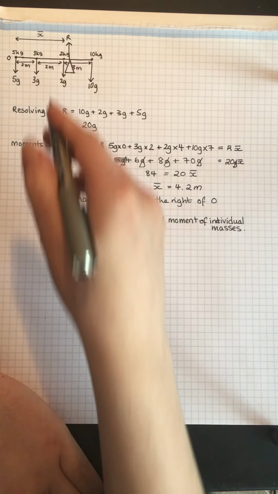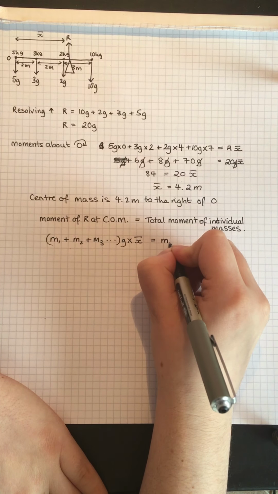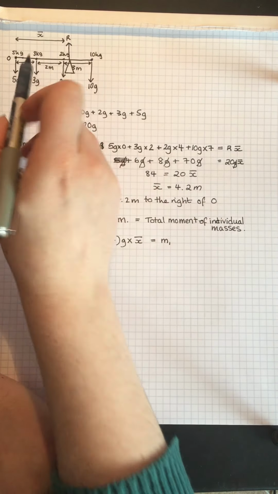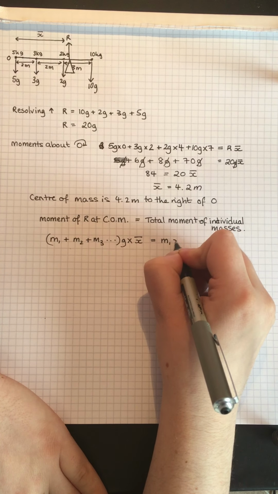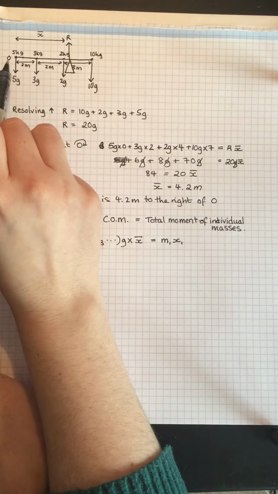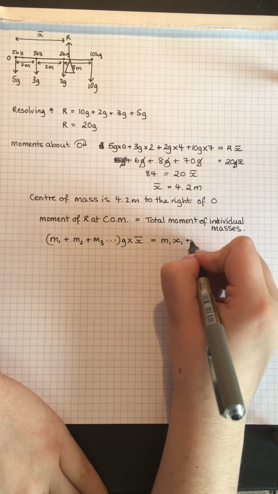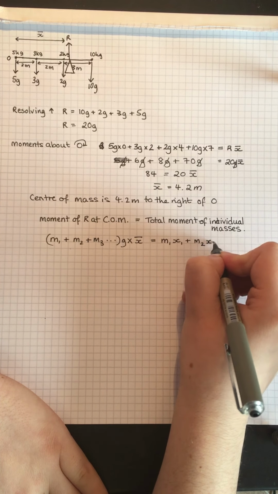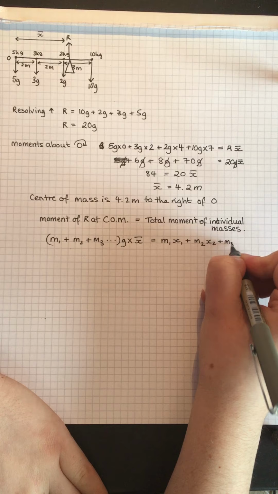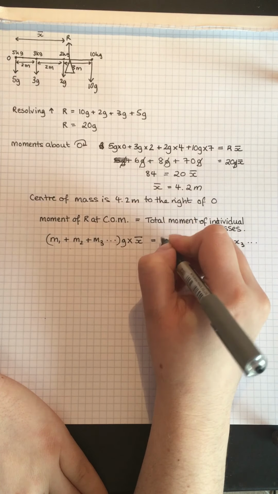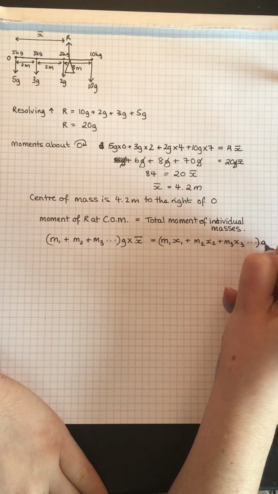That was equal to the total moment, which was each mass times by its distance from the origin, and however many of those we might have, times by G.